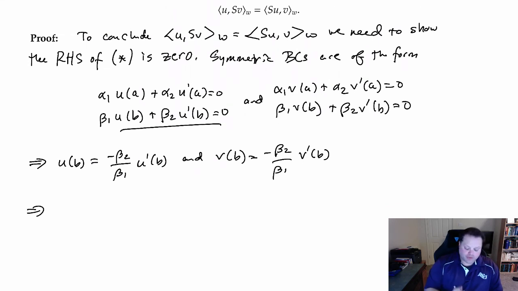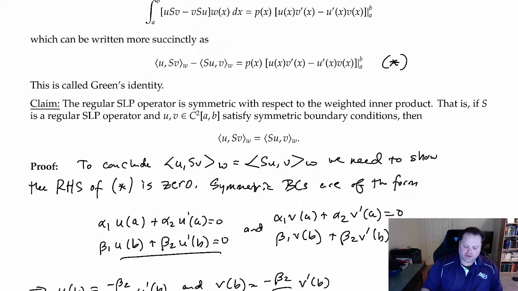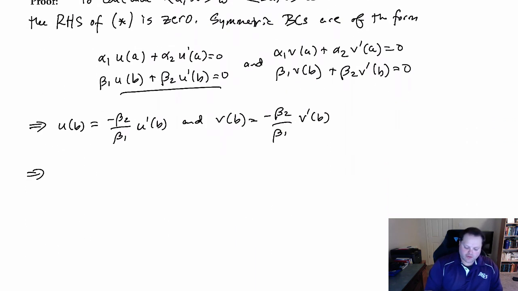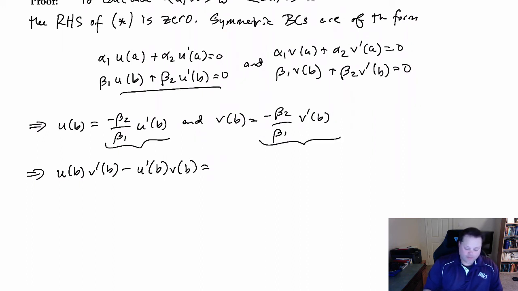But I can take those results and look at that right-hand side, u v' minus u' v. If you plug these results in, you will get minus beta 2 over beta 1 u'(b) v'(b) plus beta 2 over beta 1 u'(b) v'(b).